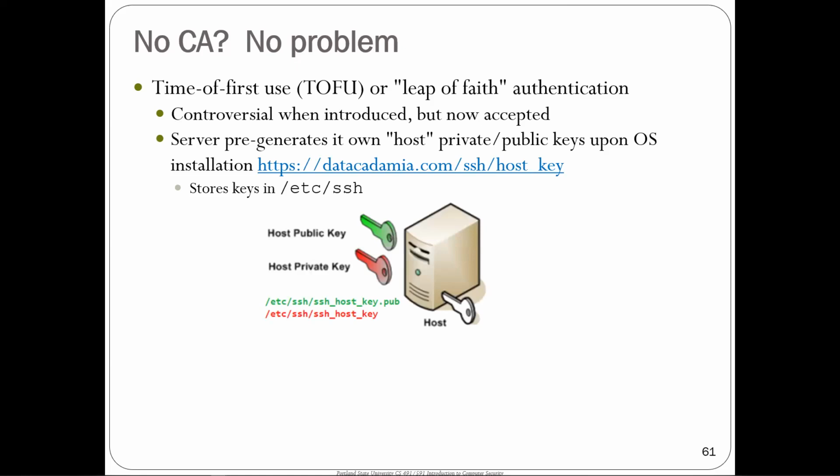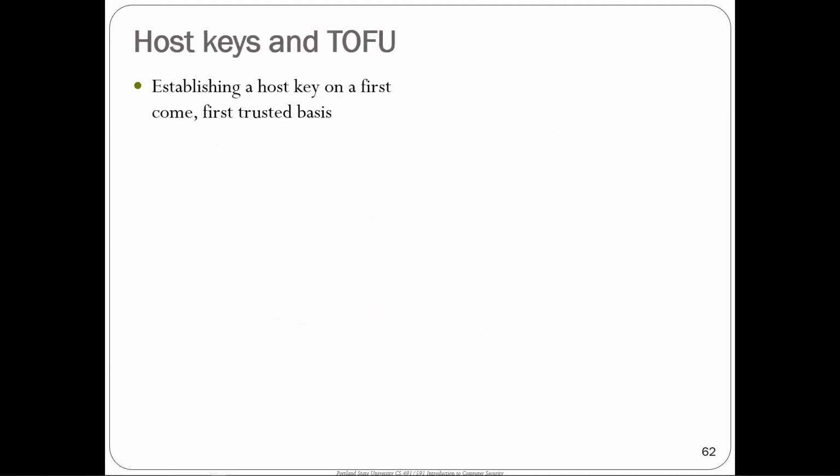The way it works is, when you install a Linux operating system, for example, the server is going to pre-generate its own new host keys, a private-public key pair, on installation, and it stores these keys in /etc/ssh. So you can pull out the server's public key and the private key from that directory. Then the establishment of a host key in your client is done on a first come, first trusted basis.